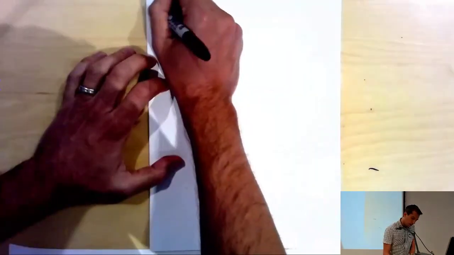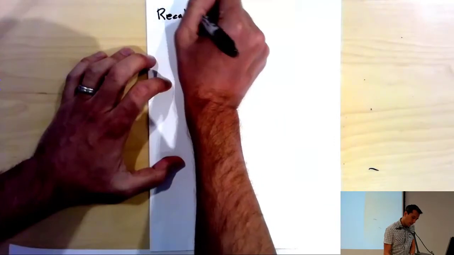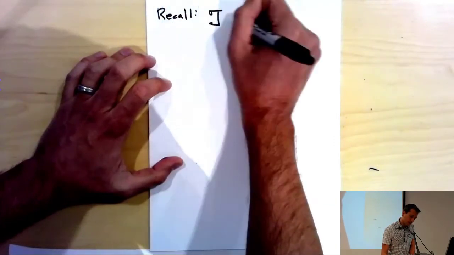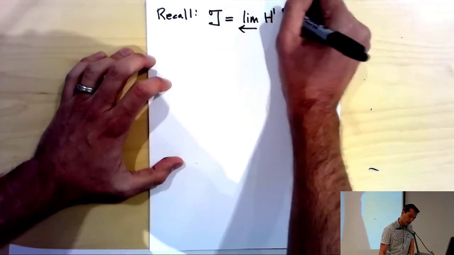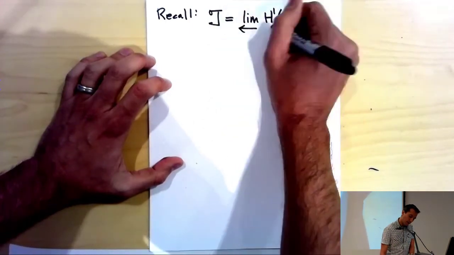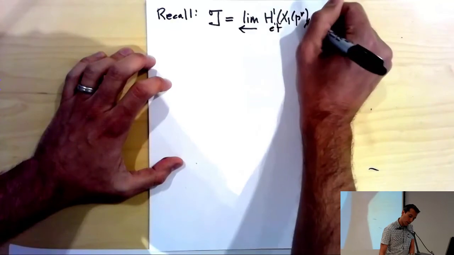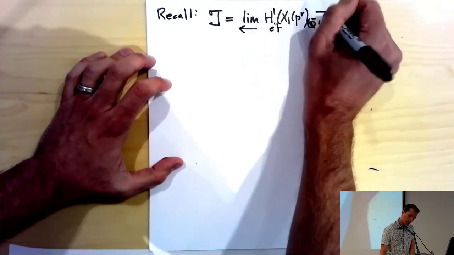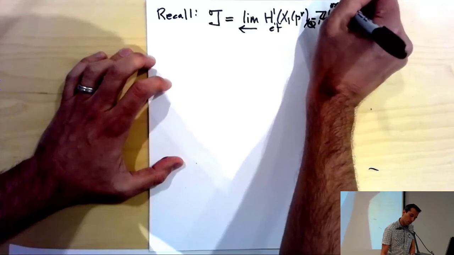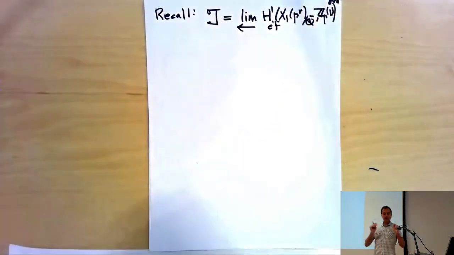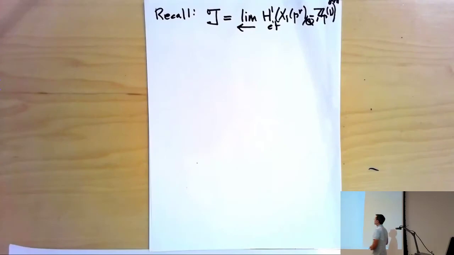And so let's just recall that we used this thing T, which was the inverse limit of étale cohomology groups. This is now over Q bar, Z_p(1), ord in the corner. All right, that was the thing we used in proving the main conjecture.